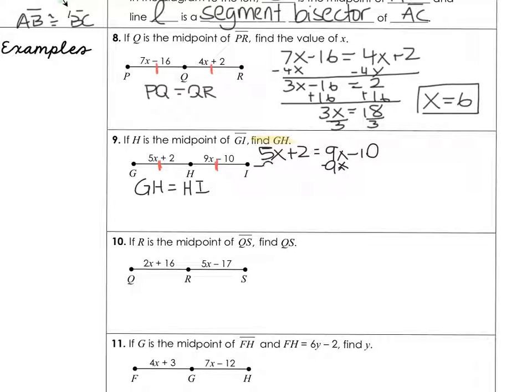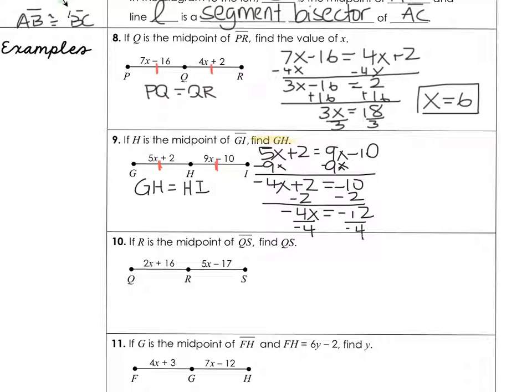Subtract 9x. Subtract 2. Remember, numbers on one side, variables on the other. Divide by negative 4. So I get x equals 3.